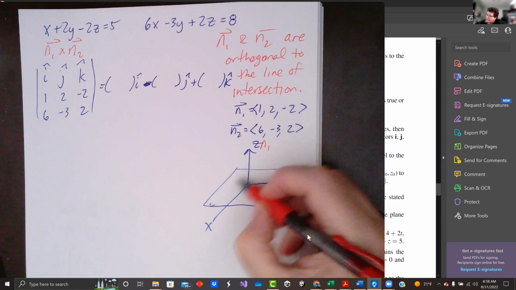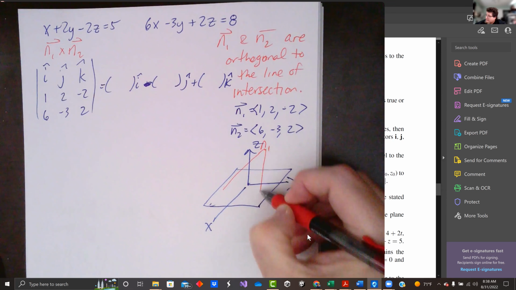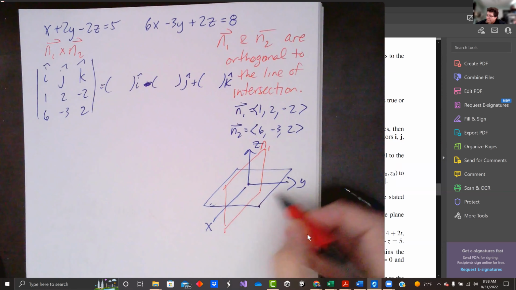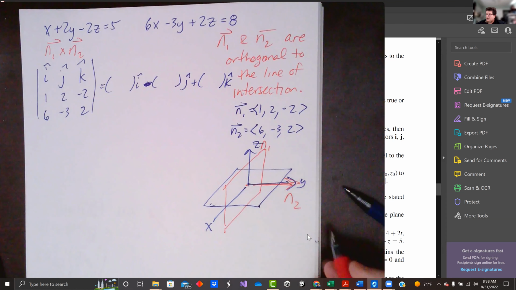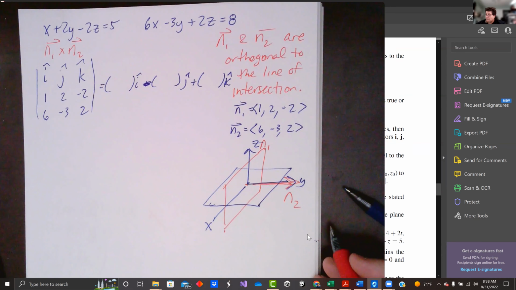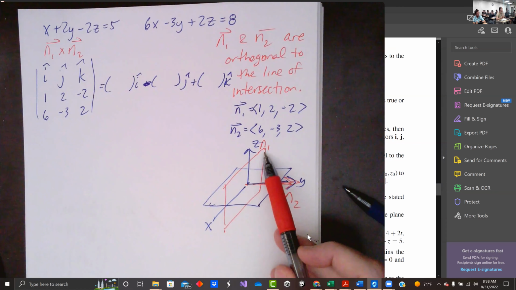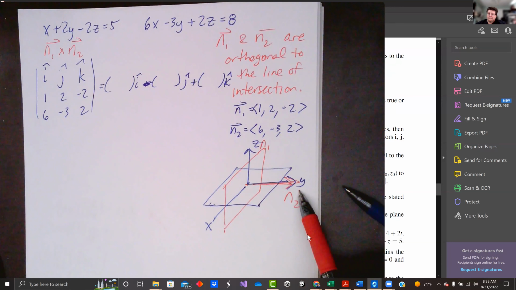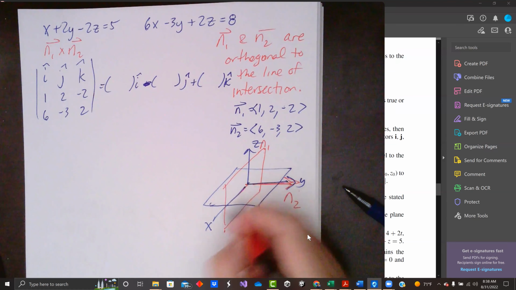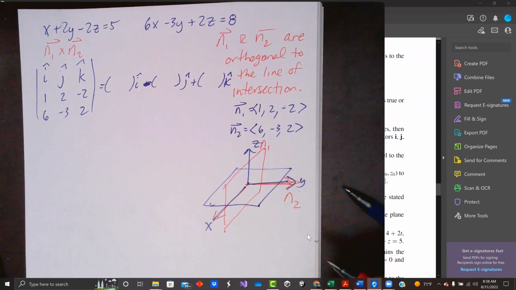If I do the XZ plane like this, the normal for that is Y. It's sticking straight out of it. That's N2. What's orthogonal to both the Z axis and the Y axis? The X axis. So that's a better way to visualize it with planes that you know.